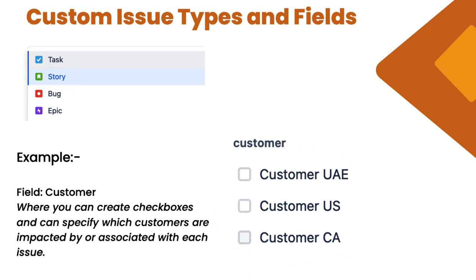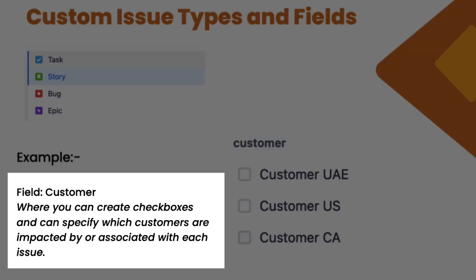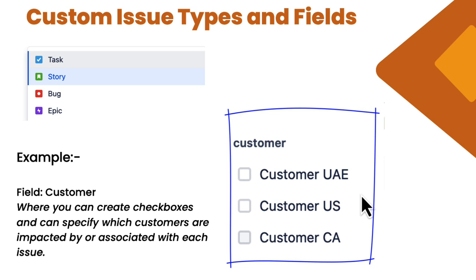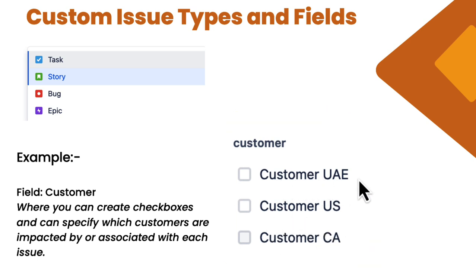Here, we can create a custom field and configure it for the story issue type easily. We can define a field to have checkboxes and specify 3 different values to be associated with 3 different checkboxes. And in our case, we have taken this example of, let's say, customer UAE, customer US, and customer CA.